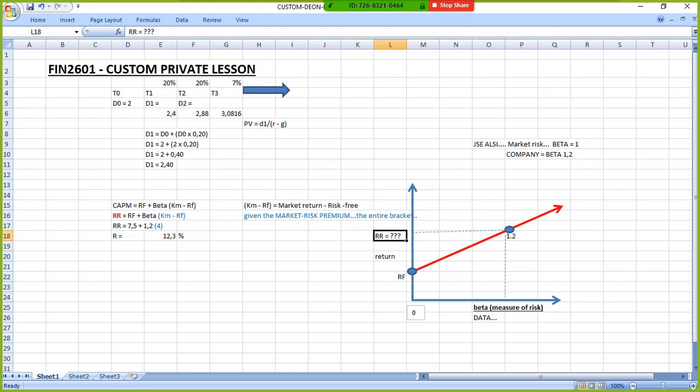In other words, if I invest at a 1.2 beta with a risk-free of 7.5%, what is that going to translate to? It's going to translate to 12.3%. So if I invest in this company, I have to get 12.3% to offset the taking on of more risk.